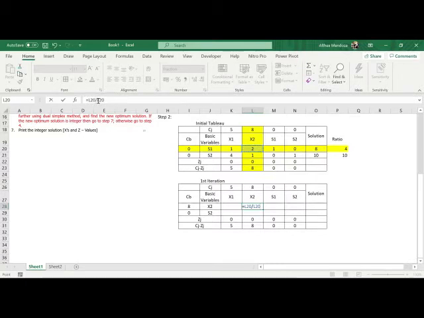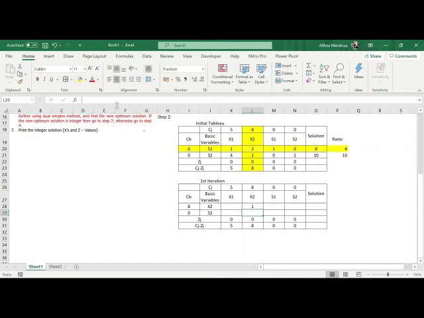Row 1 over 2 is our formula. In my case, I already have the formula. Let me just add the dollar signs so that my formula doesn't move.